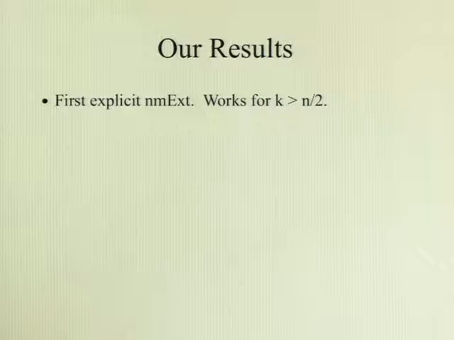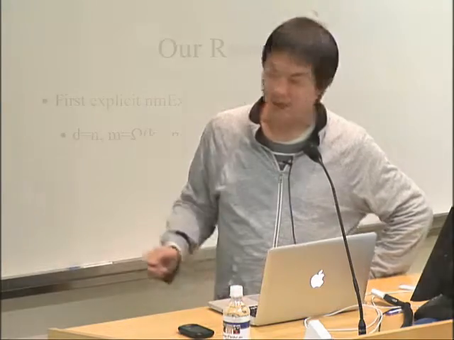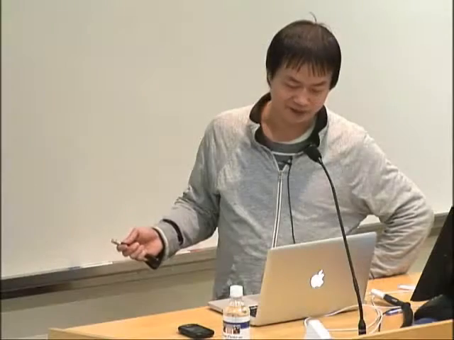So in this paper, we give the first explicit non-malleable extractor. Before our work, there were no known explicit constructions of non-malleable extractors for any parameters. This non-malleable extractor we construct works for entropy greater than n over 2. It uses a seed length the same as the source, and it outputs something like k minus n over 2 bits.